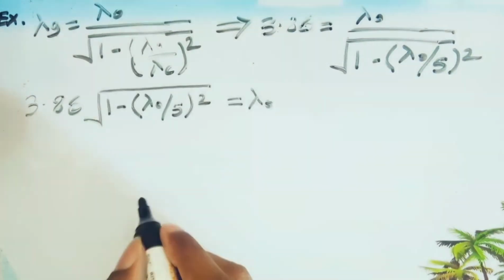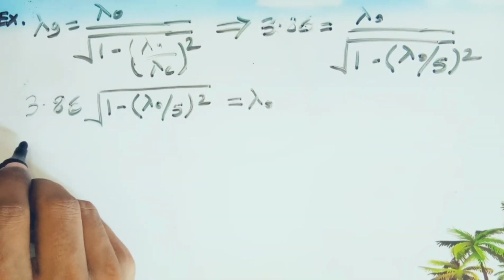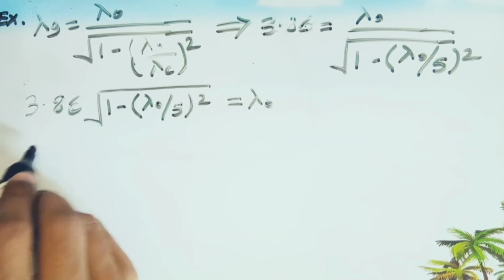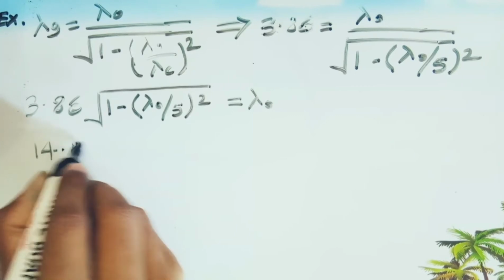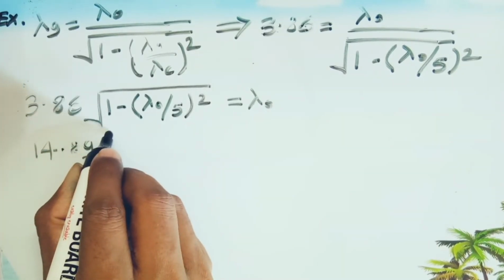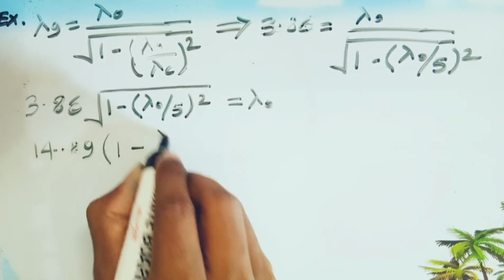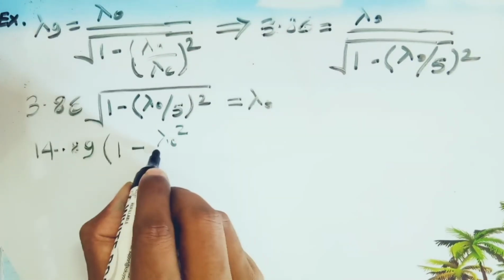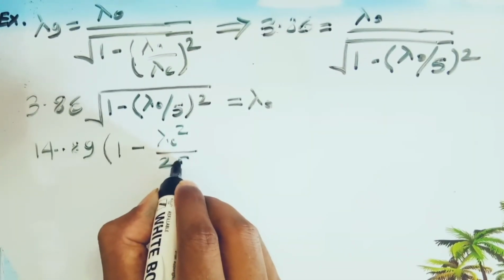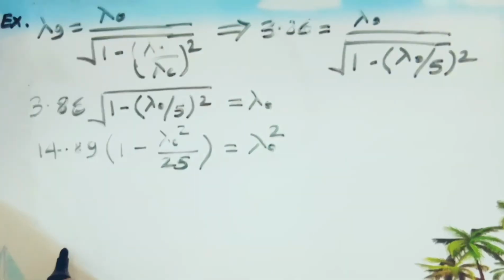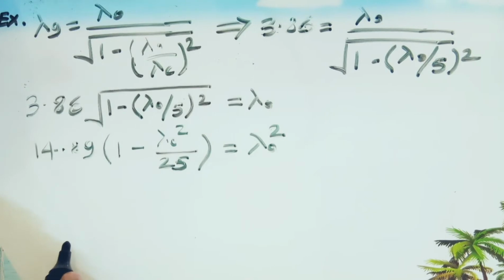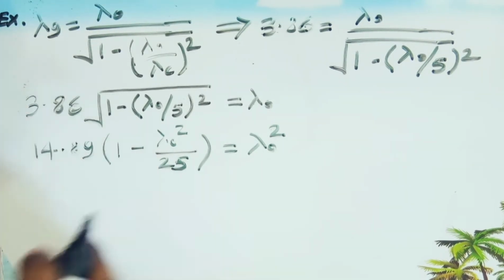Now take the square of both sides. So after taking the square, it becomes 14.89 into 1 minus lambda 0 square divided by 25 becomes equal to lambda 0 square. Okay, now we can simplify this bracket: 25 minus lambda 0 square.